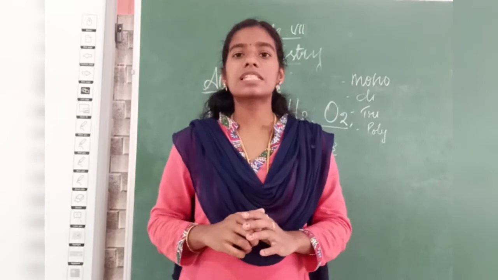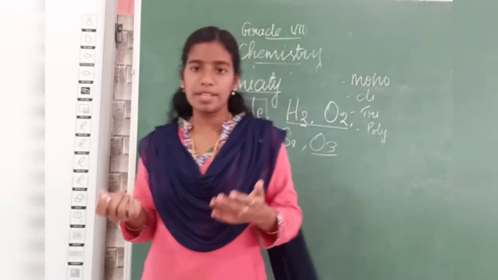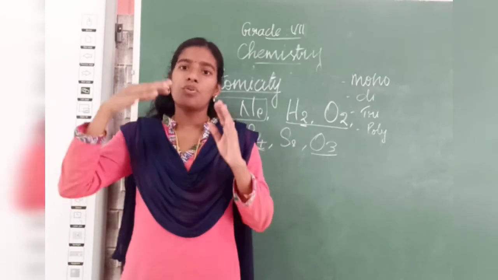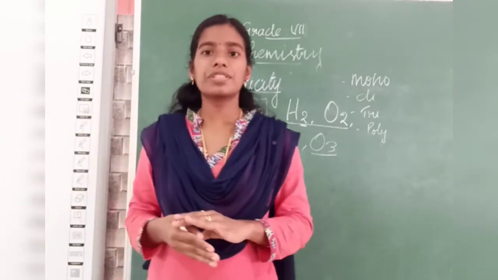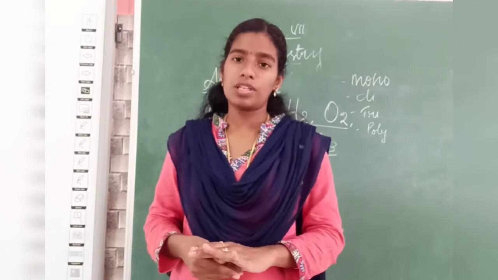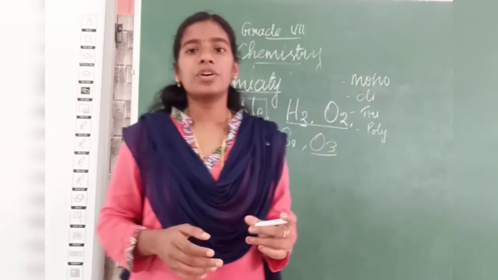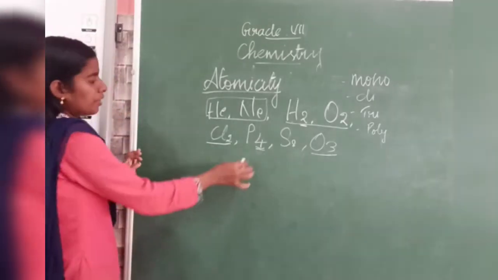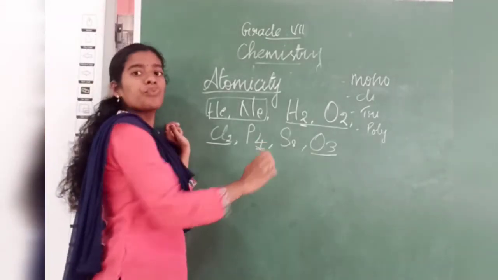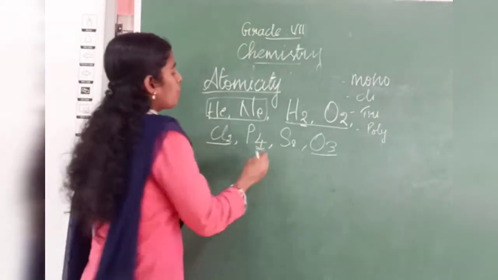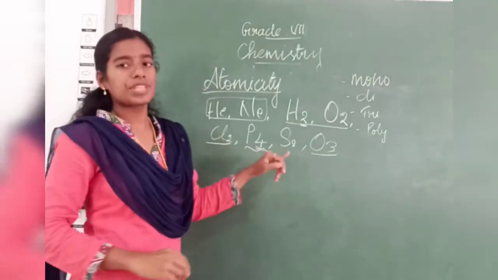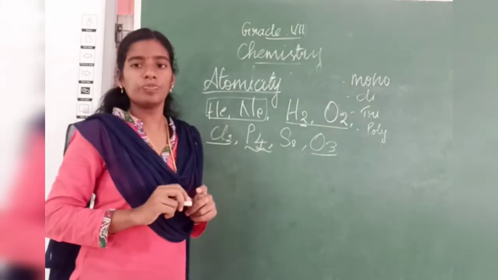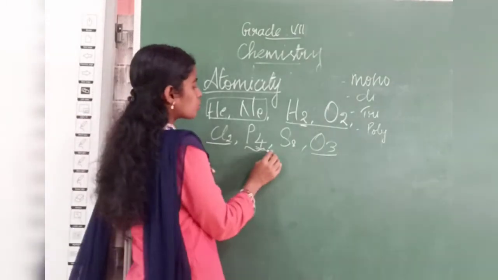The next is polyatomic. Poly means many. When a molecule has more than 3 atoms, it is called a polyatomic molecule. Here, phosphorus has 4 atoms, so it is polyatomic. Sulfur needs 8 atoms to form its molecule, so it is also a polyatomic molecule.